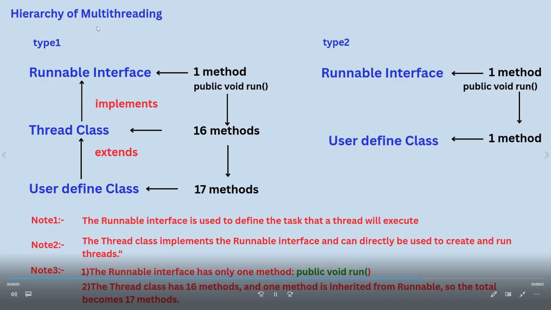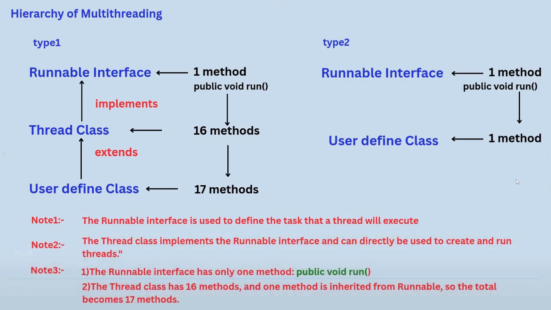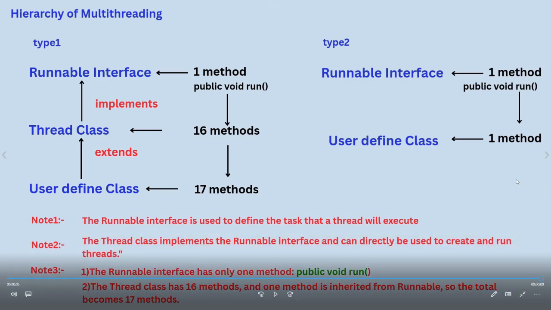Hierarchy of multi-threading. There are two types of hierarchy in multi-threading. First one is type 1, second one is type 2. In type 1, the Runnable interface has one method, that is public void run, the Thread class has 16 methods and the user defined class has 17 methods.